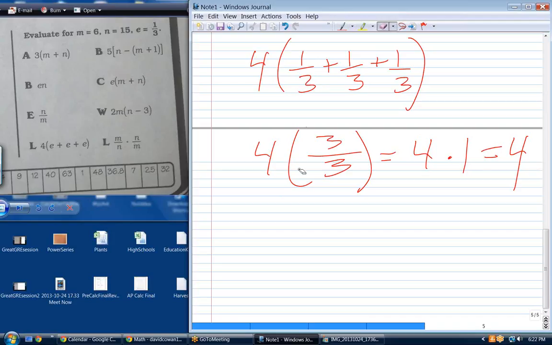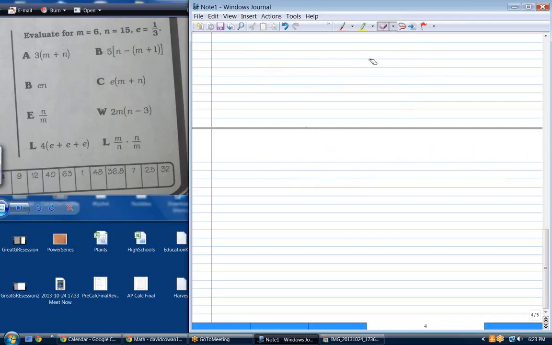Okay, let's look at the top one on the right. Now this one has 2 sets of parentheses. Always work from the inside out. So tell me what the numbers are here.